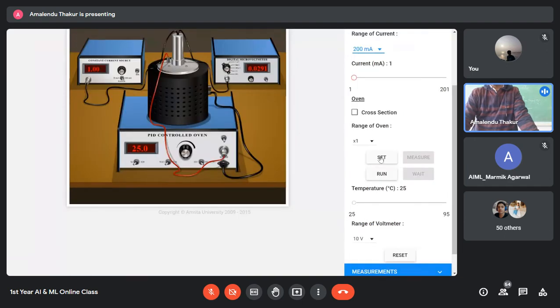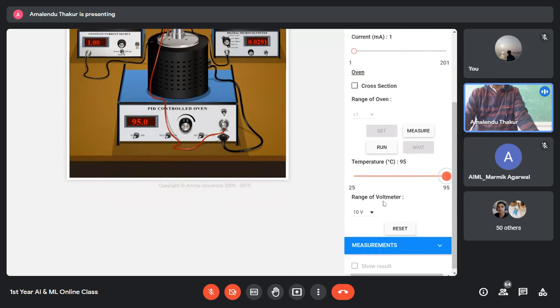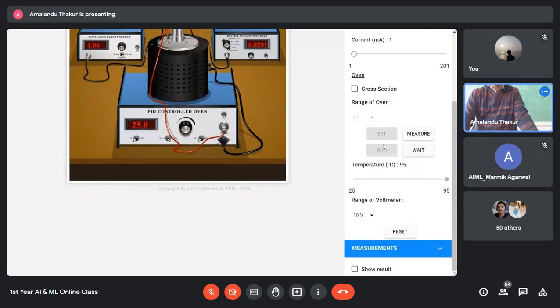Keep the current at 1. Maximum 95. Then run.